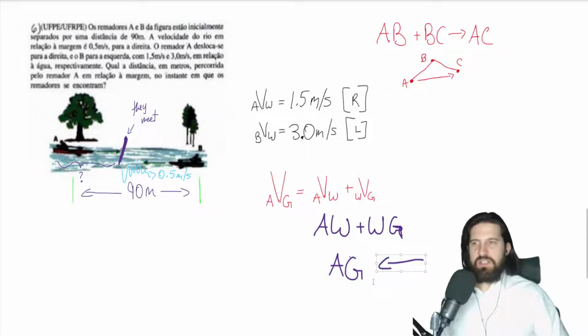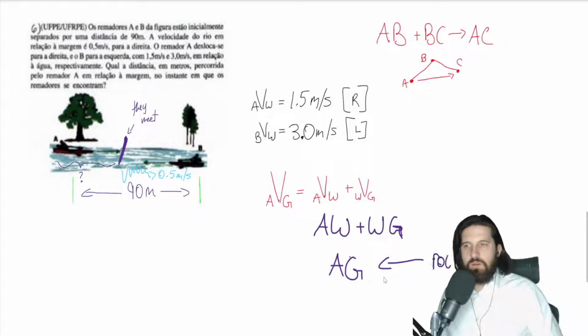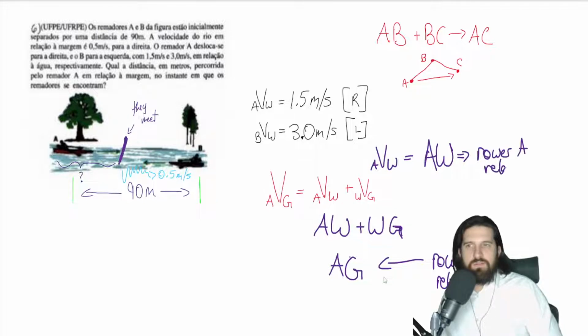So A to G is the rower A relative to the ground. And AW, or velocity of A relative to W, is the rower A relative to the water.